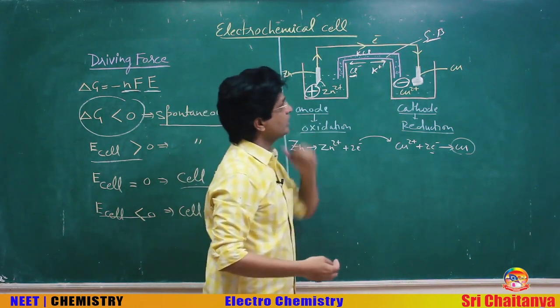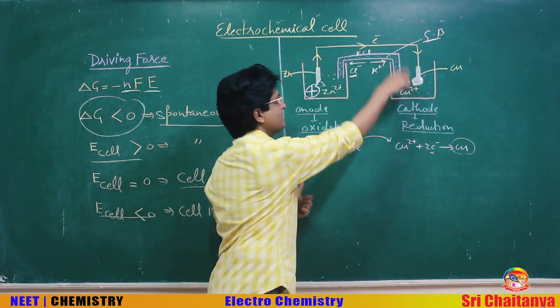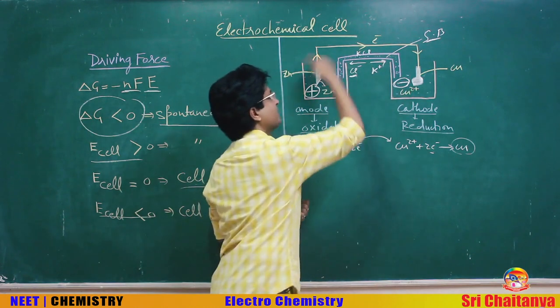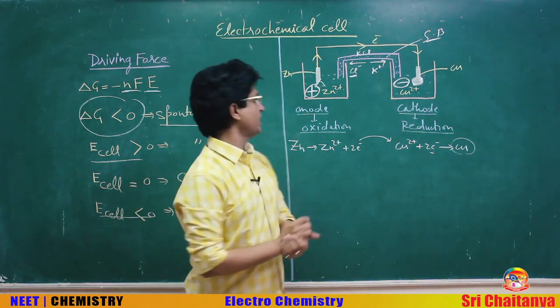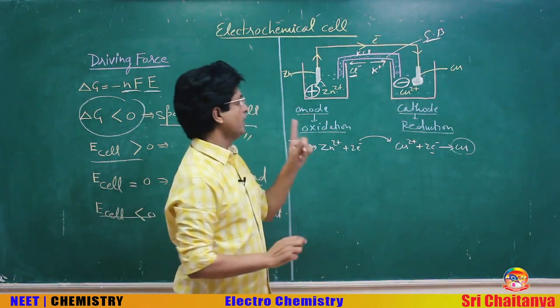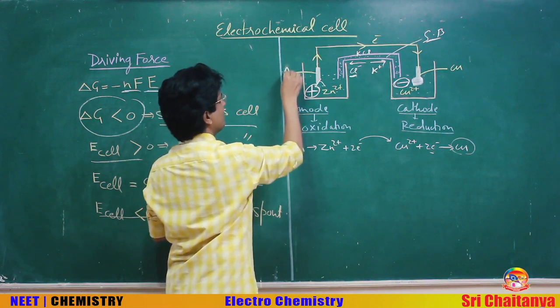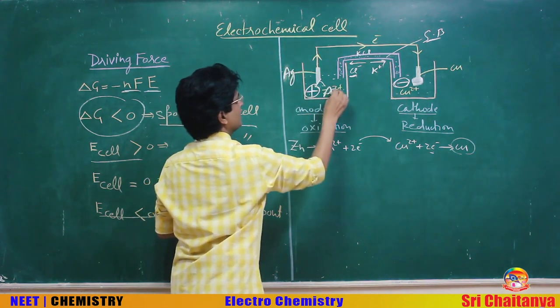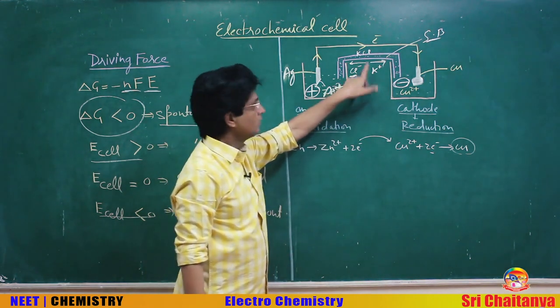So what is the function of the salt bridge? First of all, it neutralizes the cell, it completes the circuit, and also it stops the formation of liquid junction potential. Remember, if instead of zinc we have silver here, can I use KCl in the salt bridge?